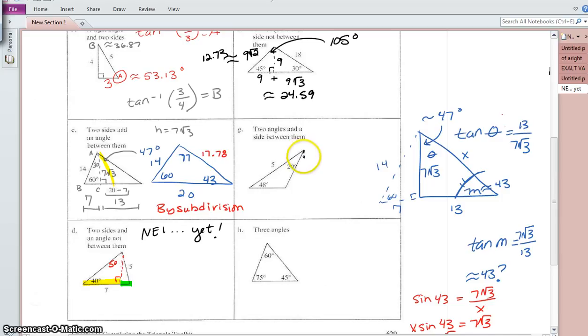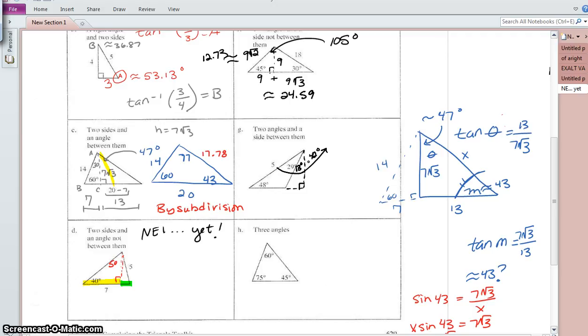And is there anything interesting that can happen here? We've now got a triangle that's a 48, 90, this whole angle must be 42. 42 minus 29 gives us this 13-degree angle here.